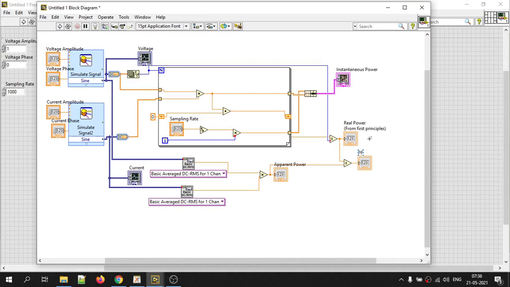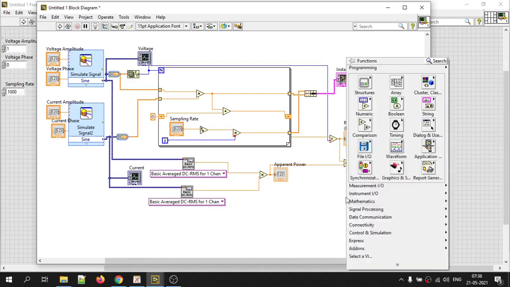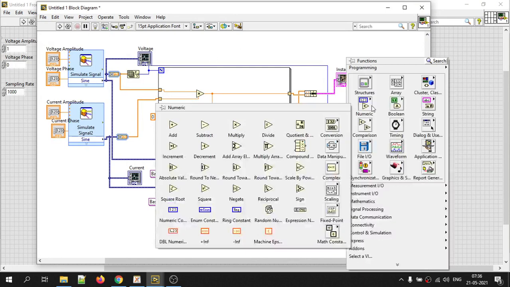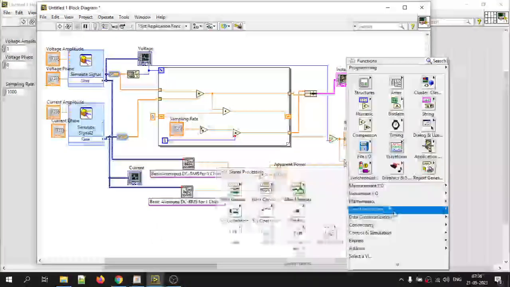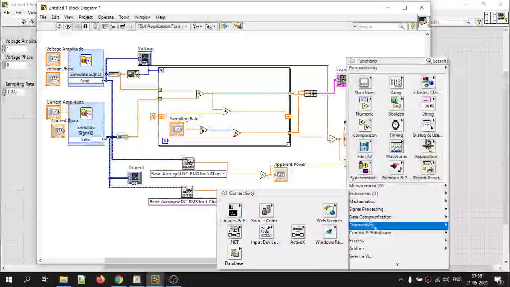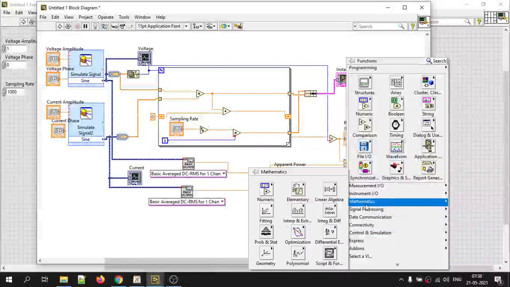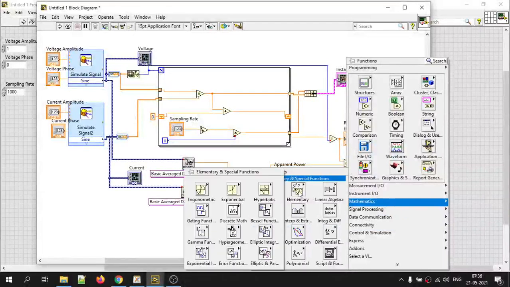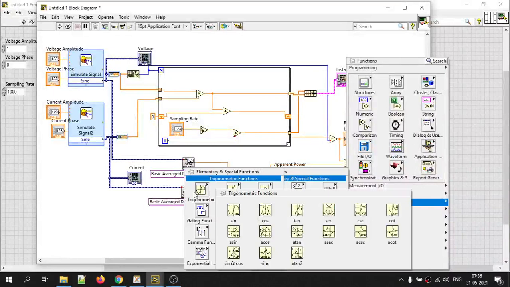Power factor is cos phi, and in order to calculate the reactive power, we require sin phi. So first we need to take cos inverse. The trigonometric blocks are available in right click, mathematics, elementary, trigonometric. In that choose A cos.